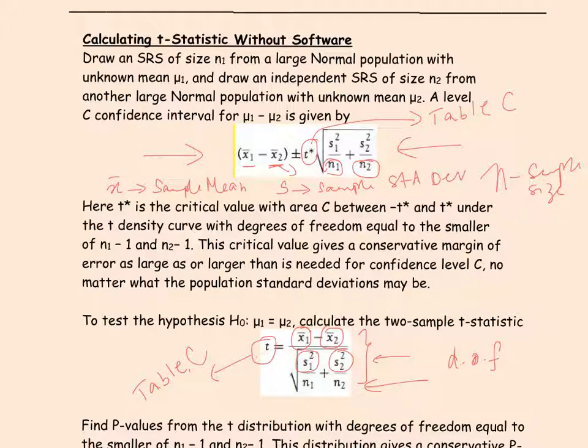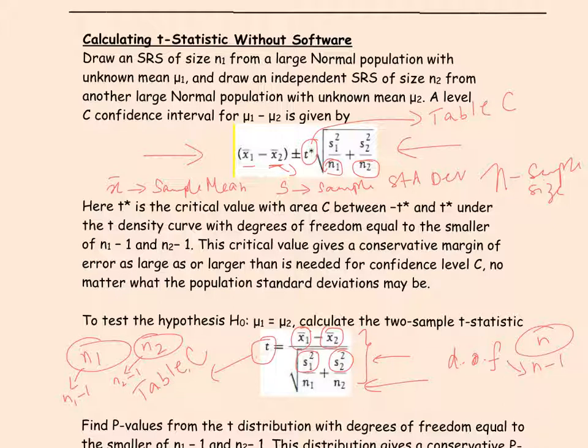Previously, we never had to think about it because there was just one sample of size n. We subtracted 1 from it and we got the degrees of freedom. Now, in this case, we have two samples each of a different size, let's say n1 and n2. The degrees of freedom would be the smaller of the two. So here we have n1 minus 1 for the first sample and n2 minus 1 for the second sample.